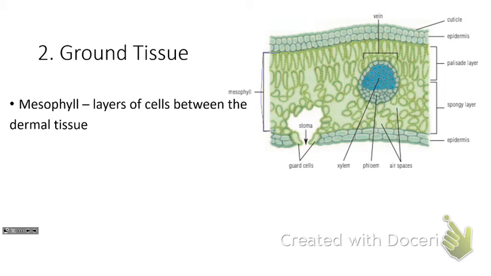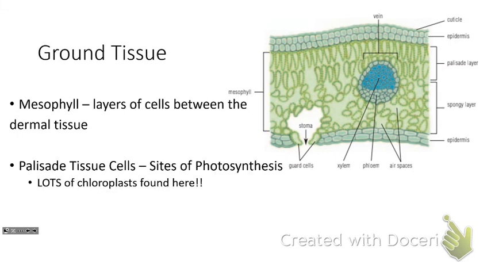It's the area in between the dermal tissue. All of that is the mesophyll. You can think of it as filling the area between the epidermis. Mesophyll fills up everything between the epidermis.